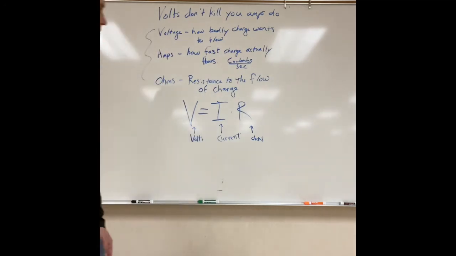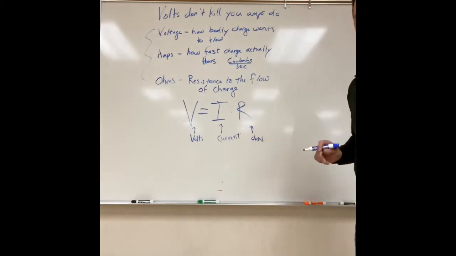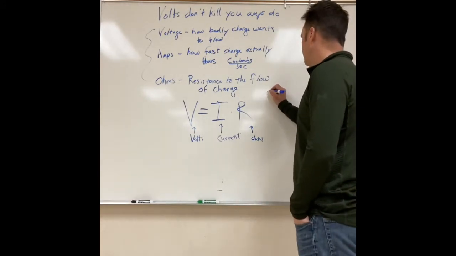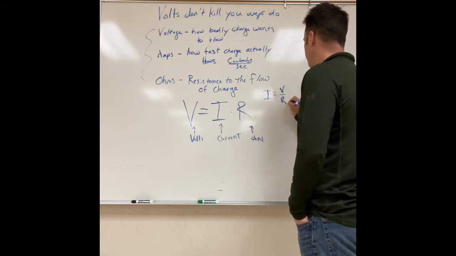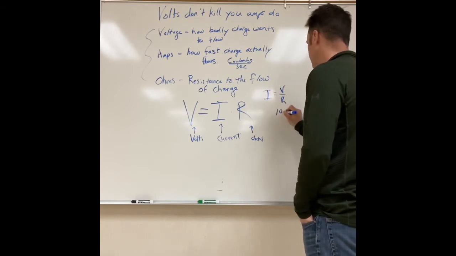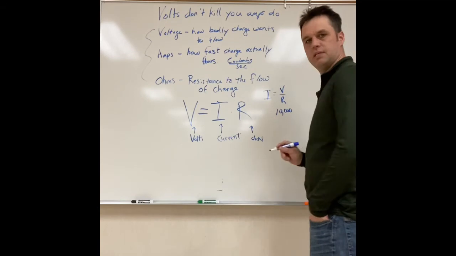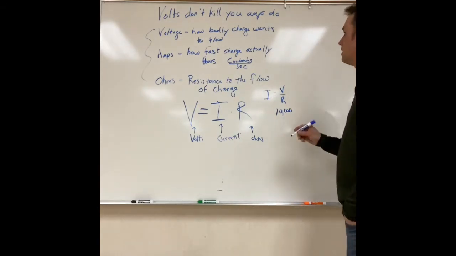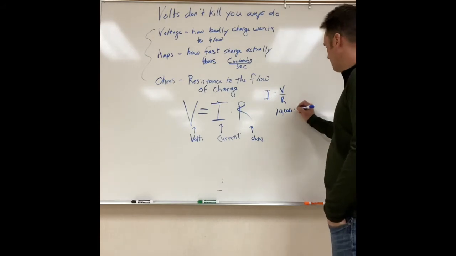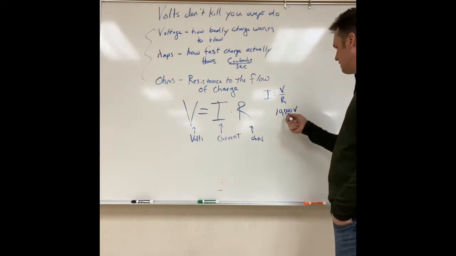So for example, with the Van de Graaff generator, if I wanted to find my current, I'm going to do I equals V over R. V was about 10,000 volts, because that's how bad electricity has to want to jump. In order to jump an inch, it takes 10,000 volts.